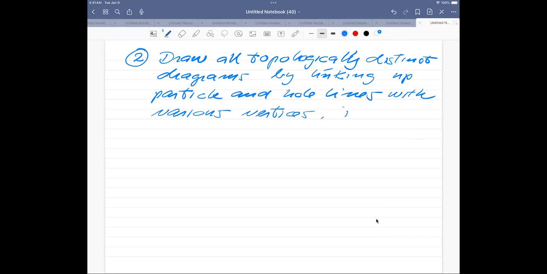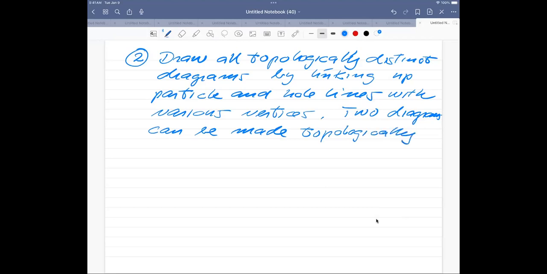And when we say topologically distinct diagram, we would say that two diagrams are topologically equivalent if they can be made equivalent by deformation.